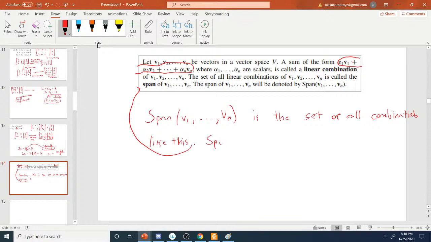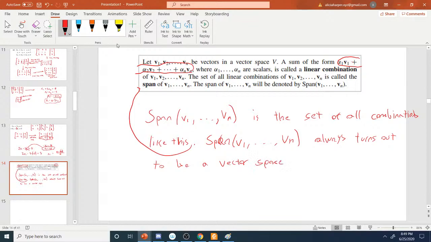span of V1 through Vn usually turns out, and in fact, I shouldn't say usually, I should say always, always turns out to be a vector space.